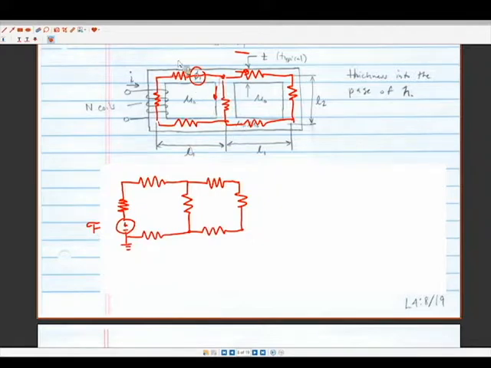Okay, so labeling: R1, R2, R3, R4, R5, R6, and R7. We're going to see that a lot of these are going to be the same, so this will simplify our lives a little bit, but we'll just start off with a different reluctance for each of them for right now.